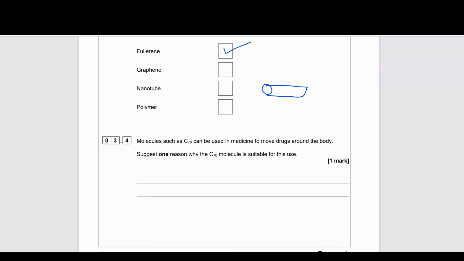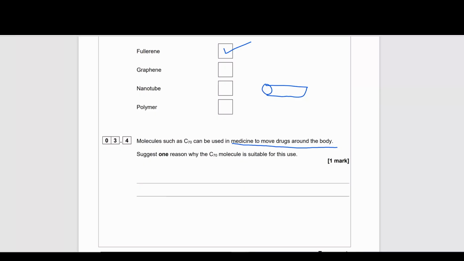3.4. Molecules such as C70 can be used in medicine to move drugs around the body. Suggest one reason why the C70 molecule is suitable for this use. Okay, so we're talking about medicine to move drugs around the body. So what is it that we would want in order for that to happen properly?